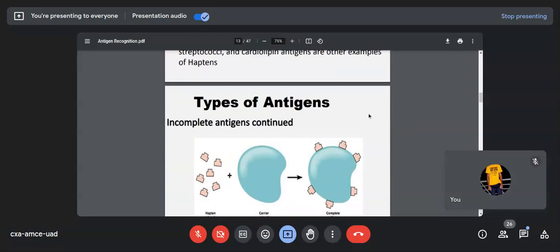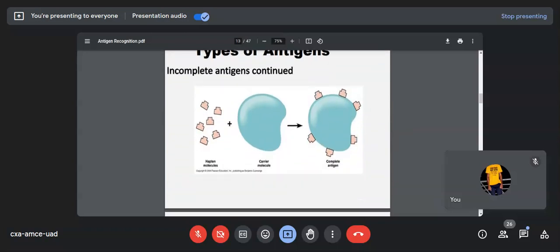So how do you make a hapten become a full complete antigen, or an immunogen, in other words? You get this hapten. I hope you're able to see my cursor. You add it with a carrier molecule. Examples of carrier molecules are proteins, polysaccharides.